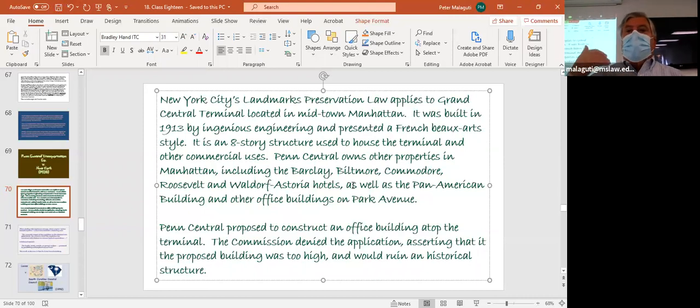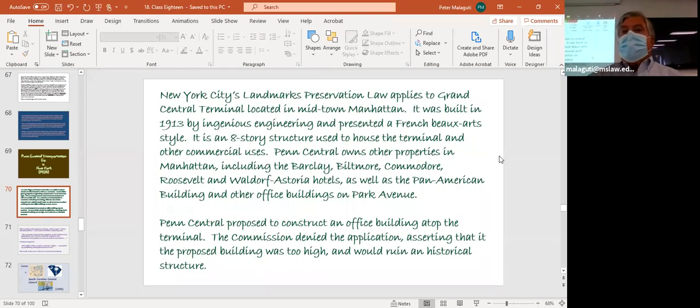And it's on the National Register of Historic Buildings as well. And so there's a big government benefit in preserving these types of buildings. You're preserving sort of the culture of not just New York City, but also of the United States as well.